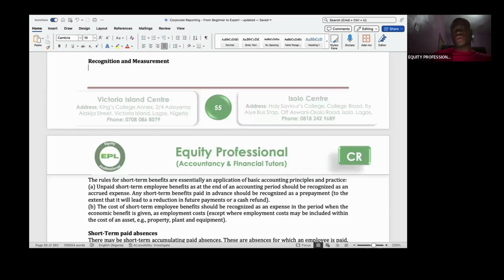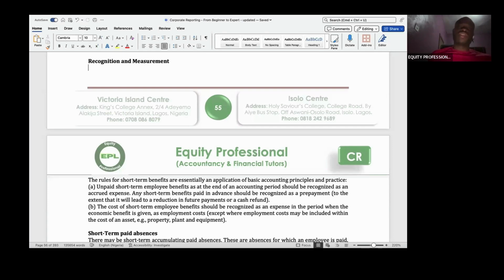But the key question for us is that when does the employer have an obligation to pay this benefit? And he has an obligation when the employee starts working.